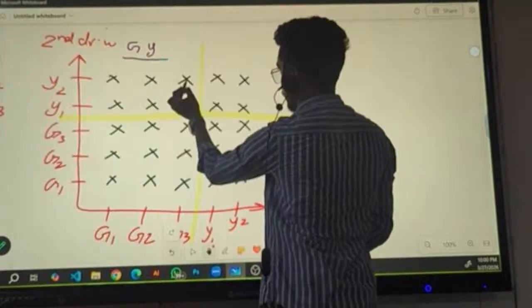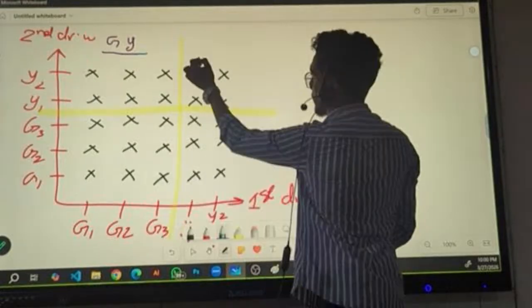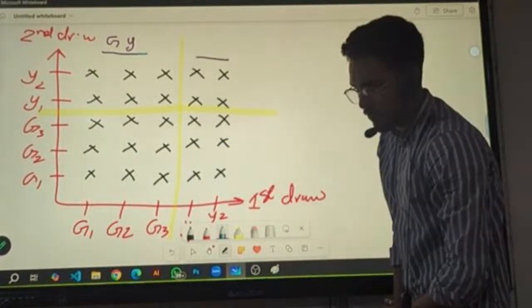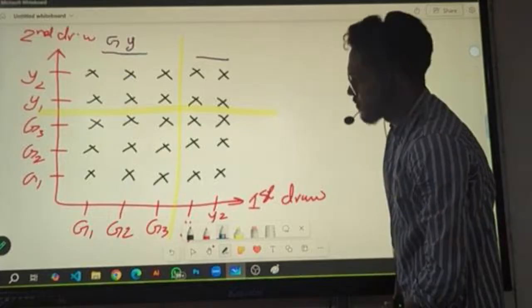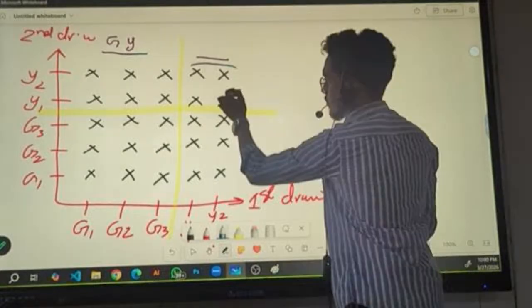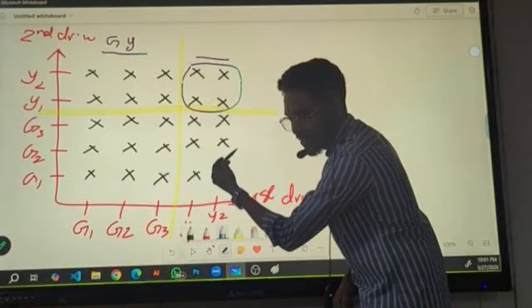We have yellow, and in the second draw we have yellow and yellow. And this one, we have yellow in the first draw, green in the second draw. And finally, this one, we have green in the first draw, green in the second draw. Is that point clear now? So we have 4 sections, right?